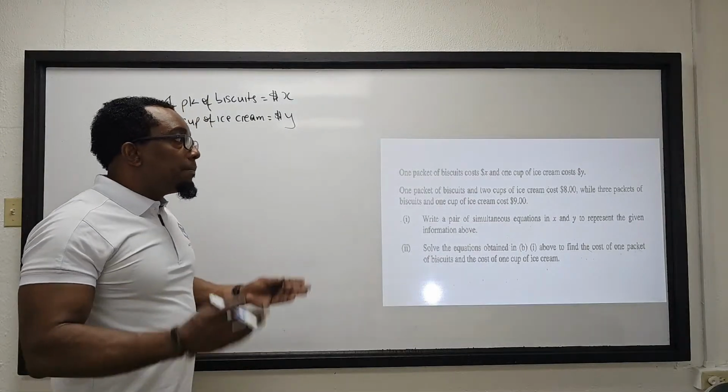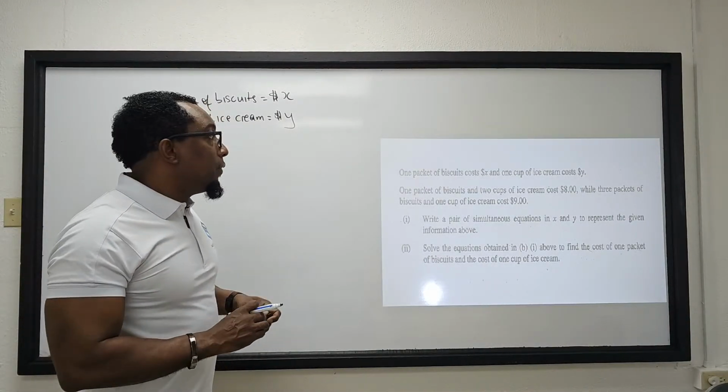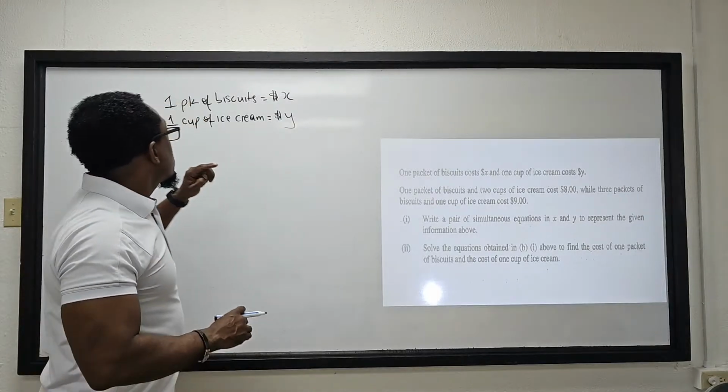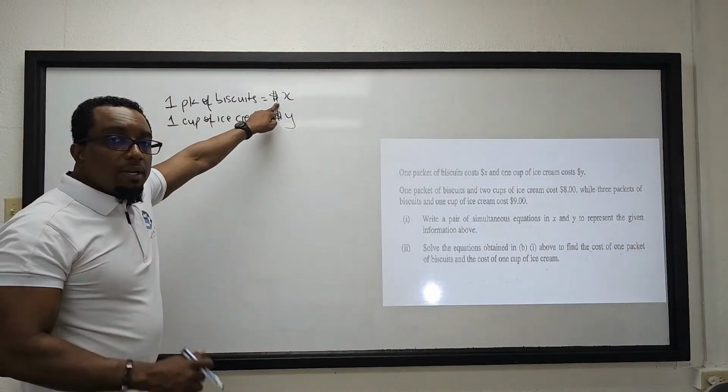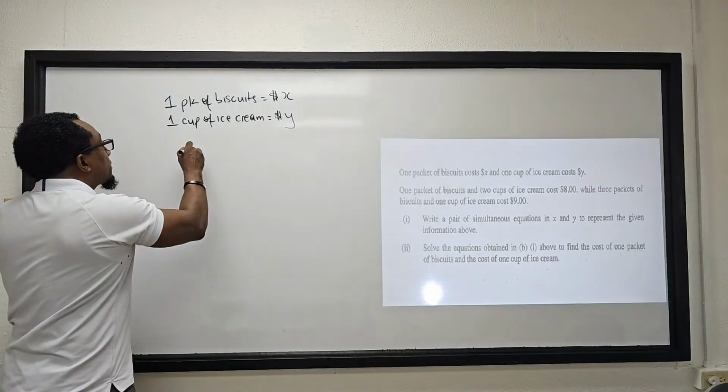So, if 1 pack of biscuits and 2 cups of ice cream cost $8, we know the cost of a pack of biscuits is X dollars, and if it's 1 pack, then the cost of that 1 pack will be X dollars.